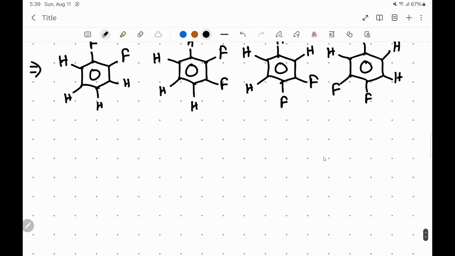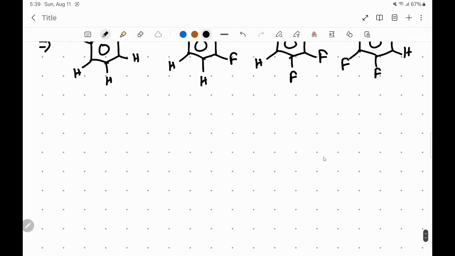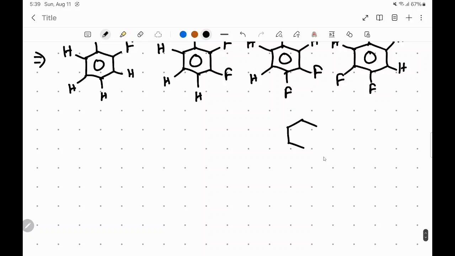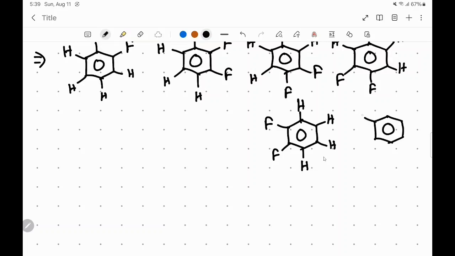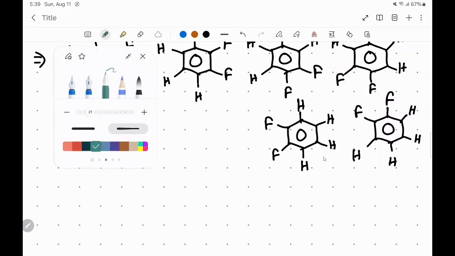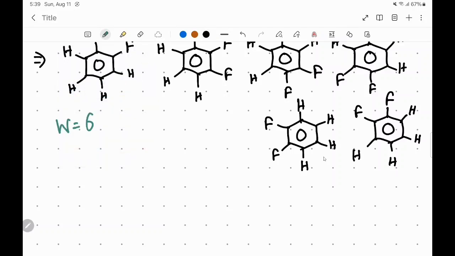Six arrangements. Not two more possible, right? So six arrangements will be there. So six orientations. So W should be 6 and the entropy is k_B ln 6.